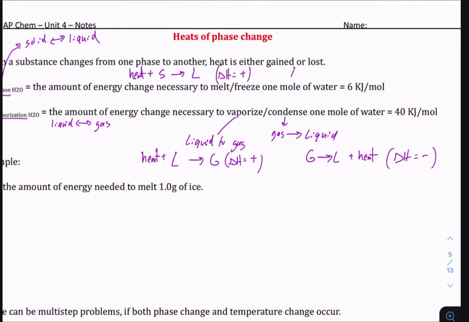Whereas if you were going from liquid to solid, energy would be released because all the particles are slowing down. So heat is a product. The delta H in that instance would be exothermic. All right, are we okay with those equations? That makes sense? The sign conventions? Okay.